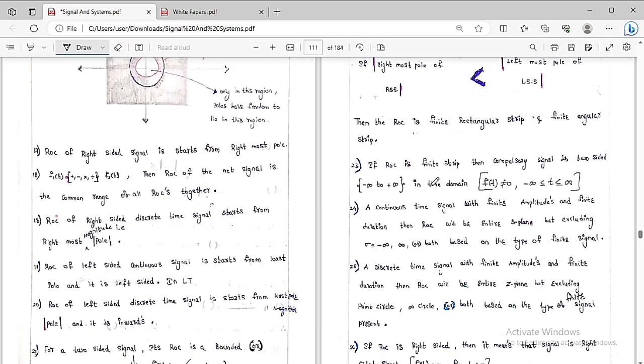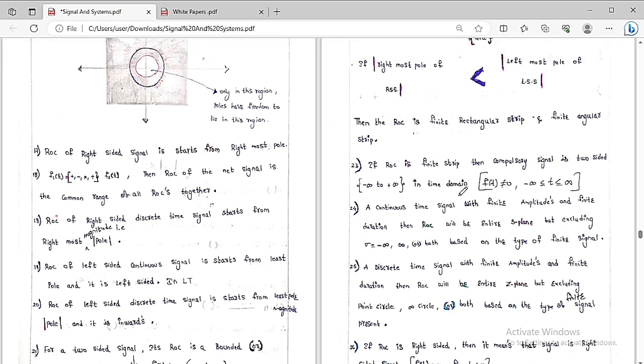Now we are going to discuss another point: if the ROC is a finite strip, then compulsorily the signal is two-sided in the time domain. What is the meaning of that? Whatever the given signal is, it is compulsorily a two-sided signal.